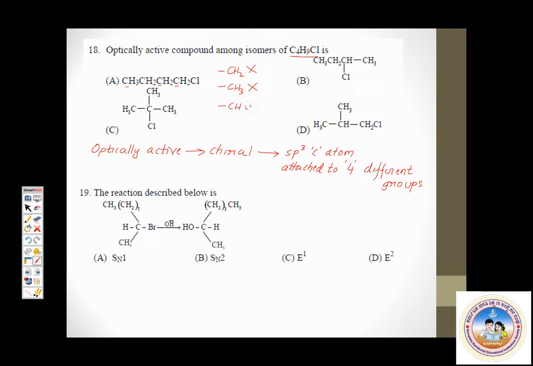Let's check out option B. In option B, see, there is one CH. I'm highlighting it. Now we'll see whether it is attached to 4 different atoms or groups. Chlorine on one side, a methyl group, then an ethyl group. Methyl and ethyl are different, so don't think that methyl also has carbon, ethyl also has carbon, therefore the two are identical.